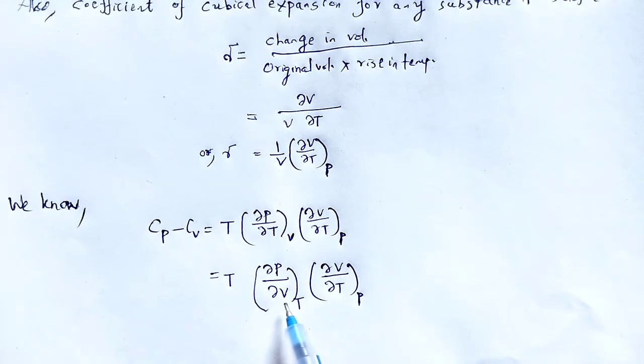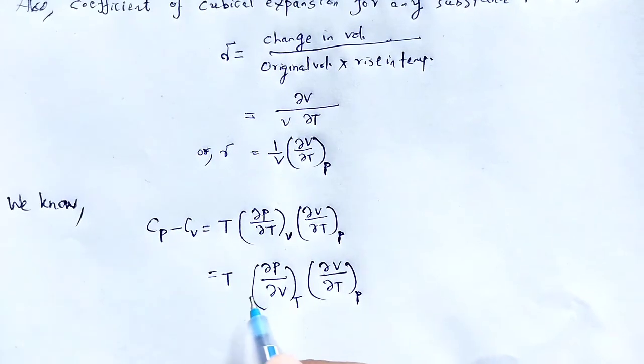So there will be no such change, means del V cancels out. So here I take the negative sign also.